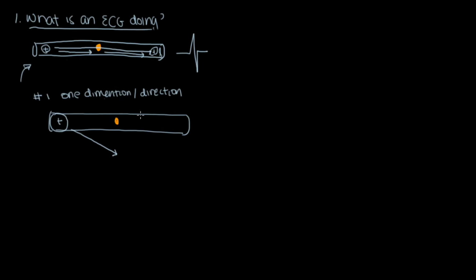And what you do here in this scenario is, if you kind of go back into your physics days, if you have a larger charge moving in a diagonal direction, you can split that up into two smaller charges with its horizontal and vertical components. We won't go over any of the math for that, but just the general concept. But you can describe the movement of this charge by breaking it down into its horizontal and vertical components.